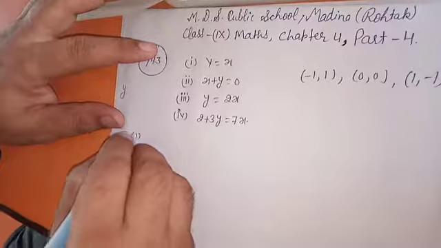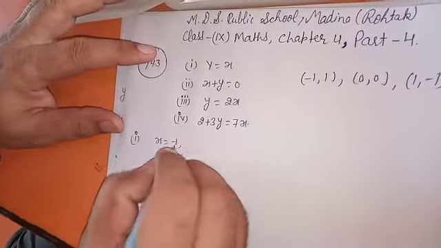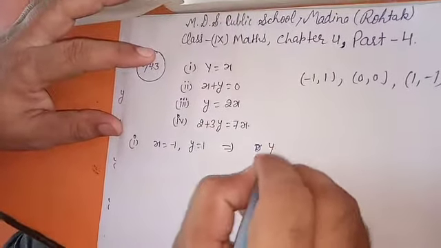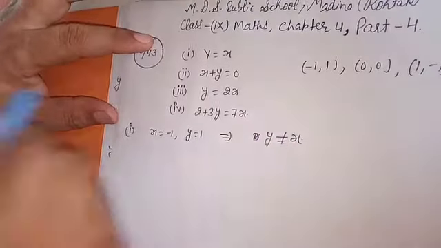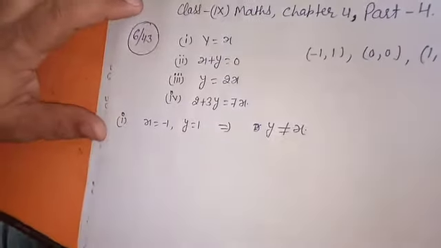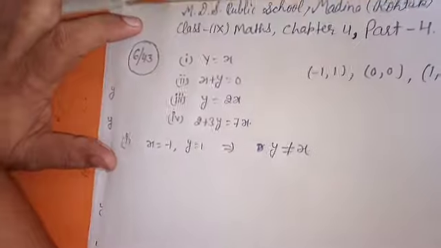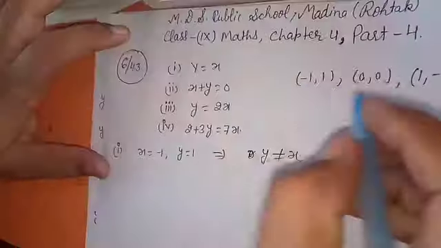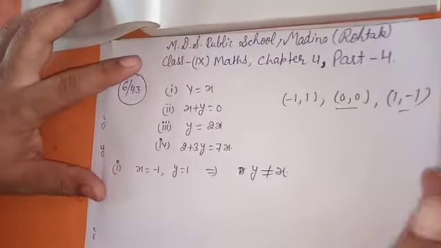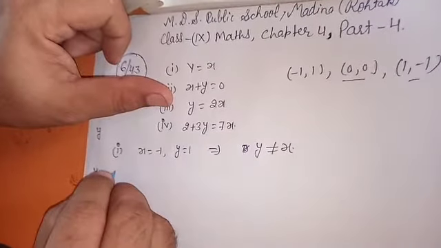First part we are taking, if x equal to -1 and y equal to 1, this implies y is not equal to x. So this equation does not satisfy this coordinate, it means this is not the solution. Second one satisfies, third one again not satisfying. So this is not a graph of this equation.